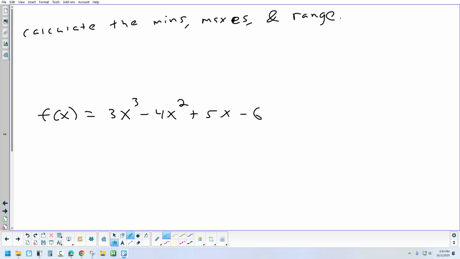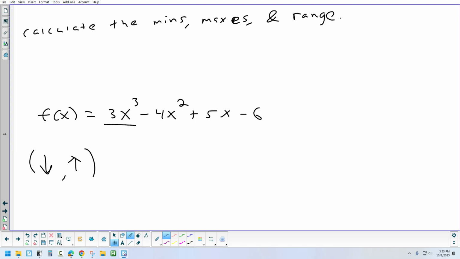Which side is up? It's not critical to this question, but we do need to know for the test which one is which on other questions. Down, up. So it's down on the left, it's up on the right.